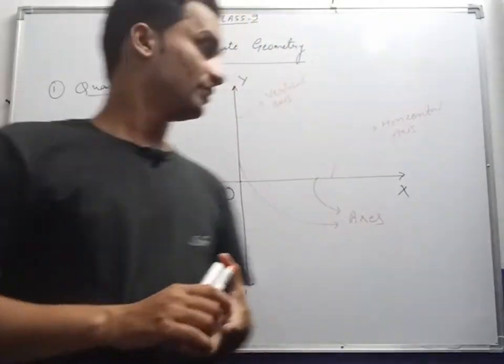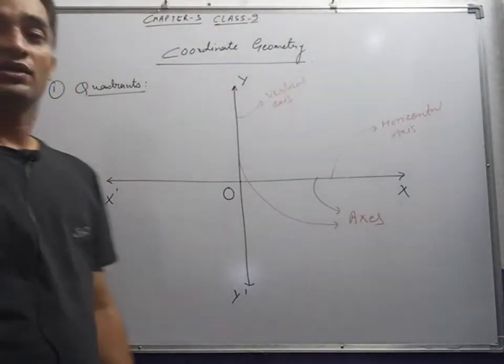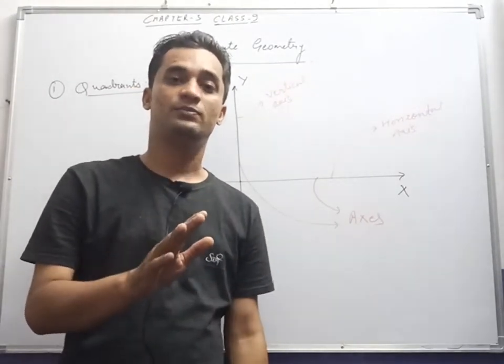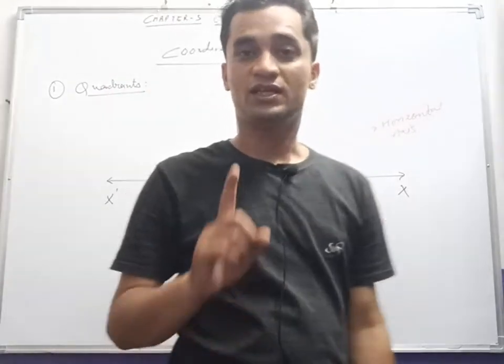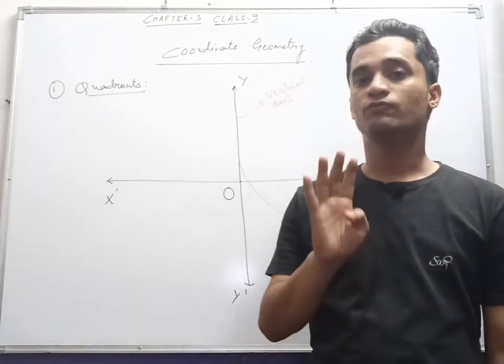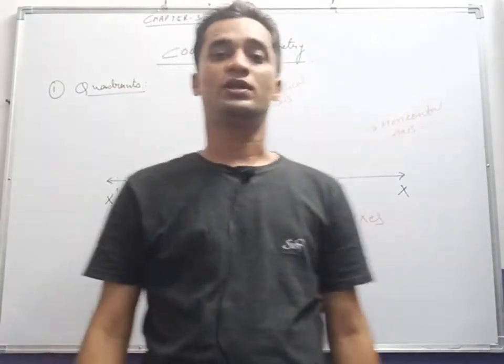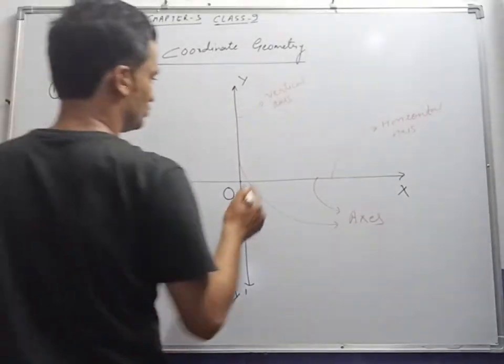So let us come back to quadrant. What is a quadrant? When two axes divide the plane into 4 parts, those parts are known as quadrants.